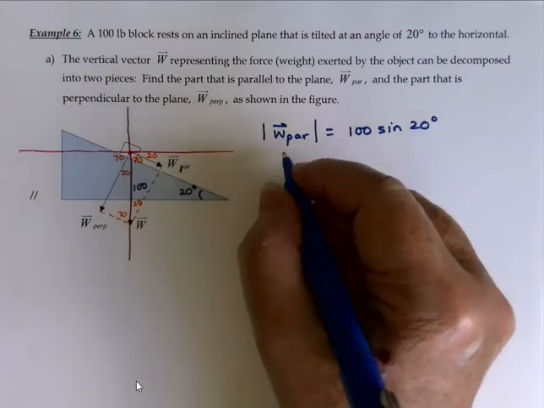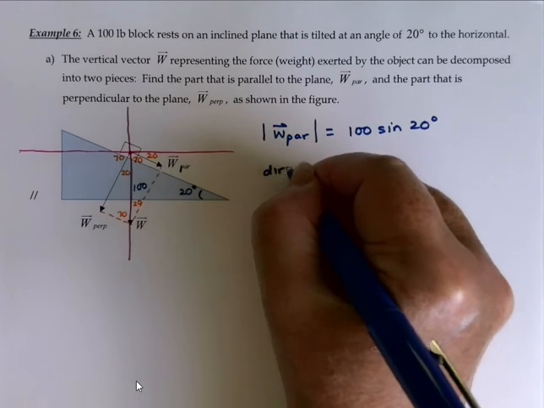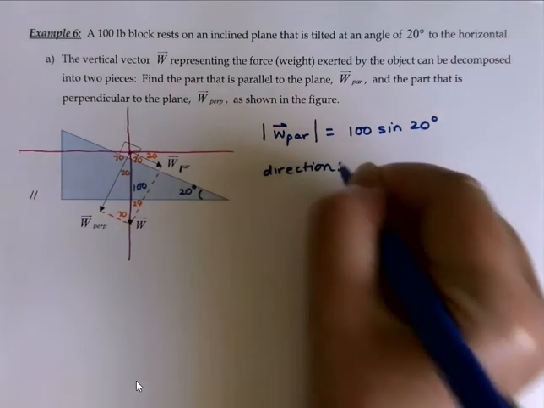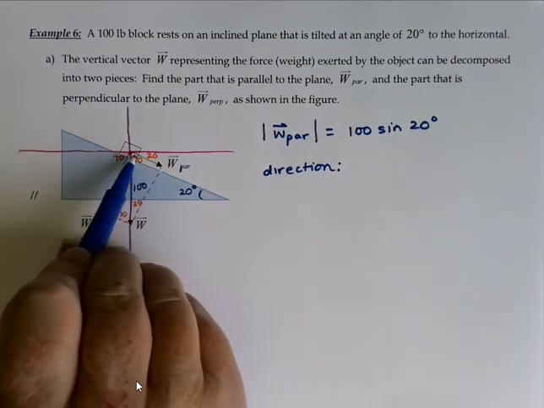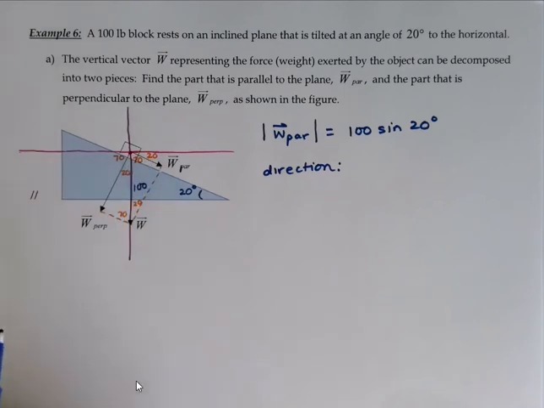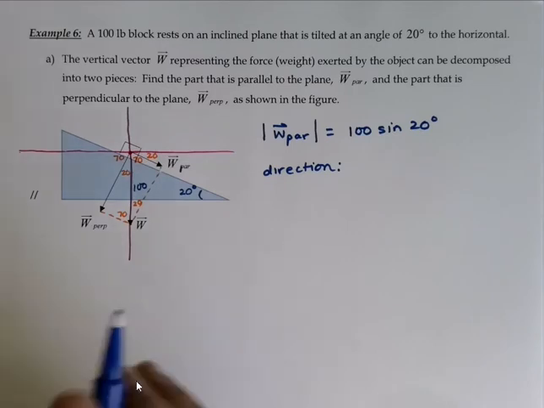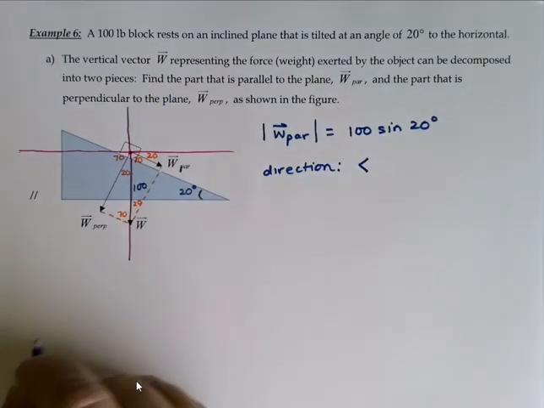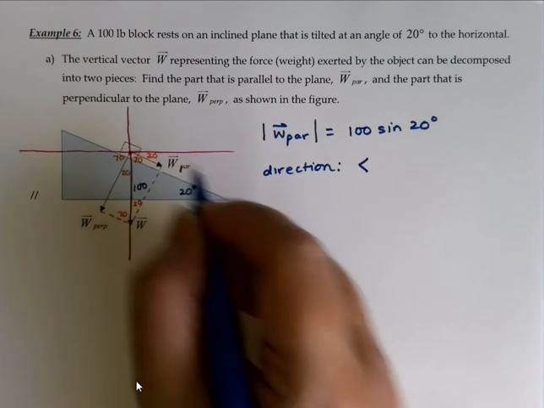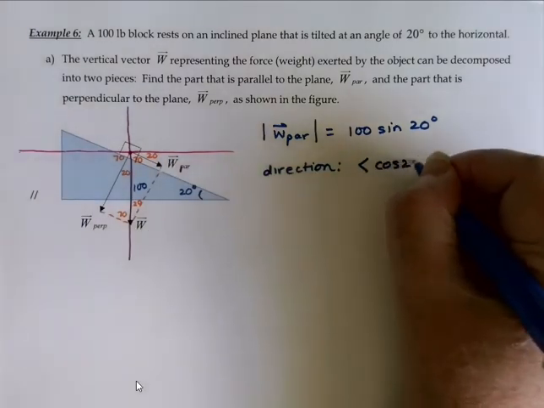And then the direction, well, if I look at the direction, that angle is 20 degrees, but it's technically negative 20 degrees from the x-axis. So what I'm going to do is I'm just going to say the cosine would be positive, so cos 20 degrees.